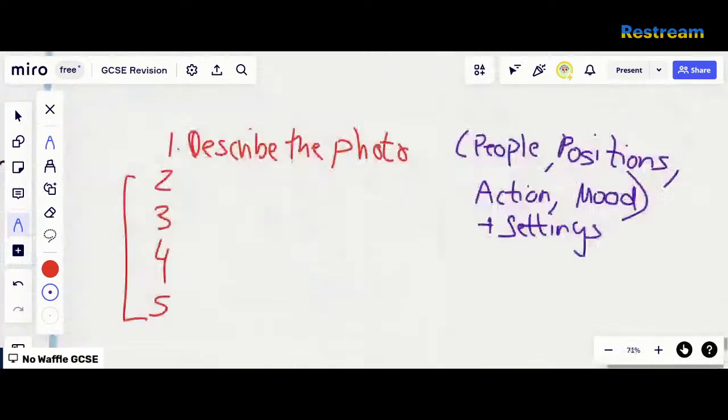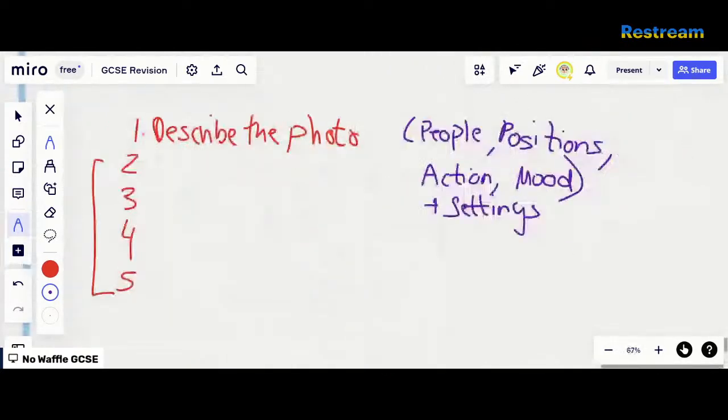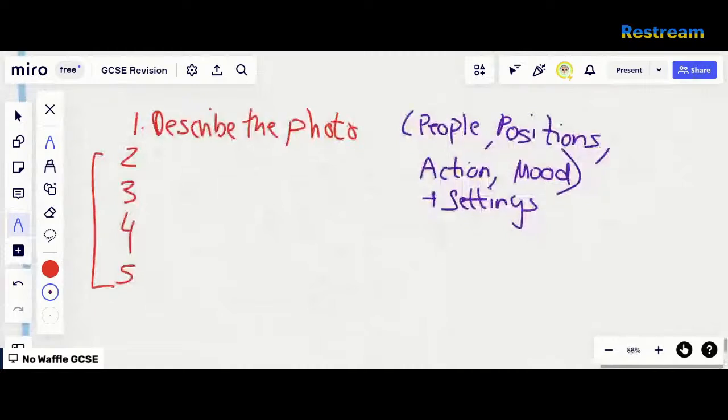So yeah, the first one, describing the photo. We've looked at that now. Now, the second one is where the teacher gives their opinion about the photo. For example, if the photo was about the environment, the teacher could say, I think it's really important to take care of the environment.